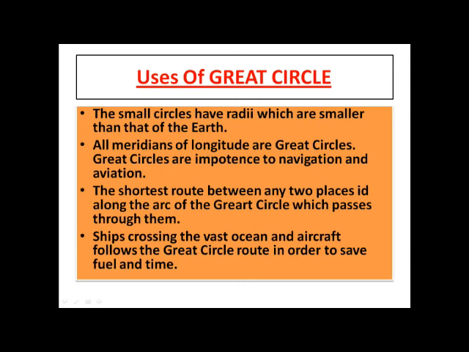On these charts, great circle routes are not plotted in the form of a circle but in the form of a straight line. That's all for the chapter. We are left to do the mathematical calculation to find out the time and the longitude of a particular region, which we will do in the next class.